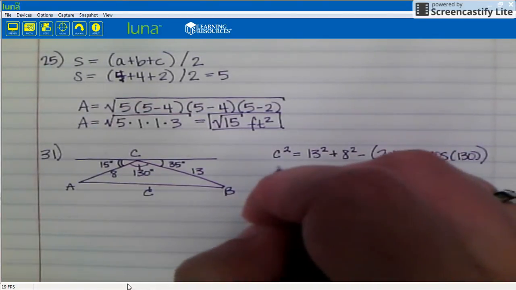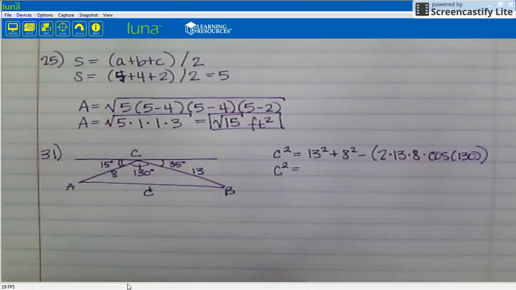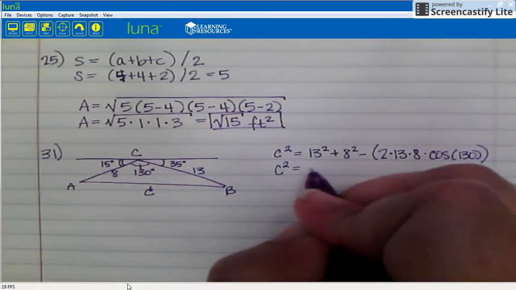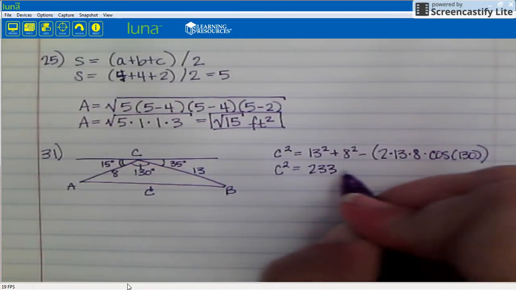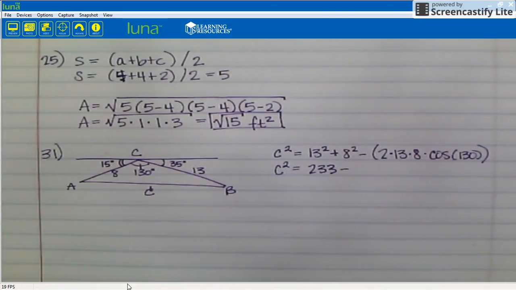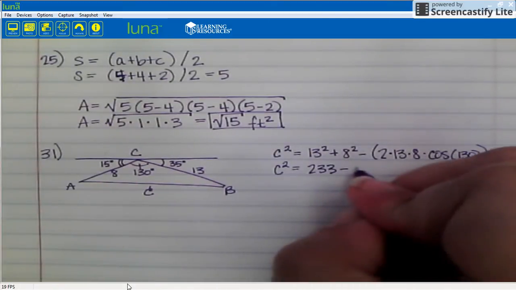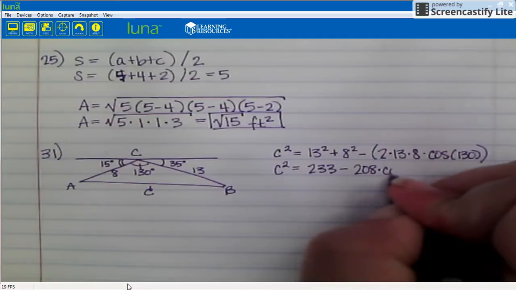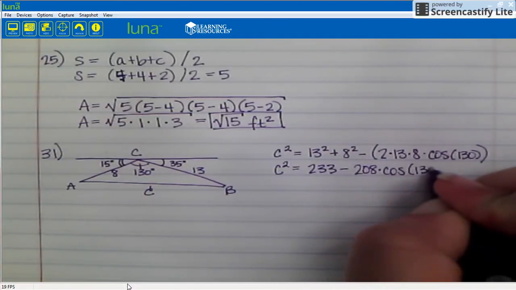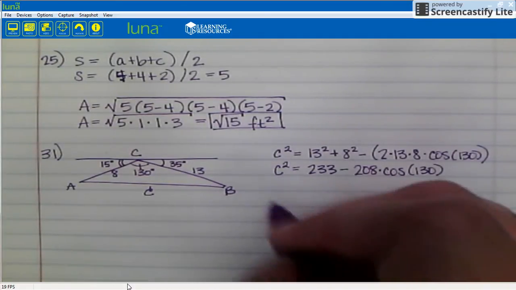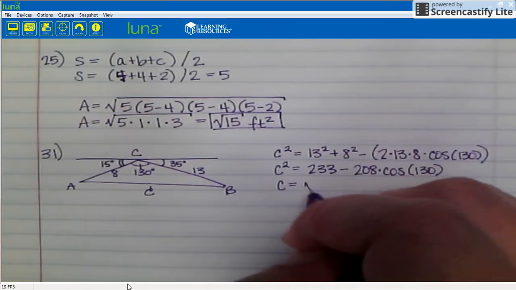And so I have C squared is equal to 233 minus 208 times the cosine of 130. And I'm going to take the square root of all of that.